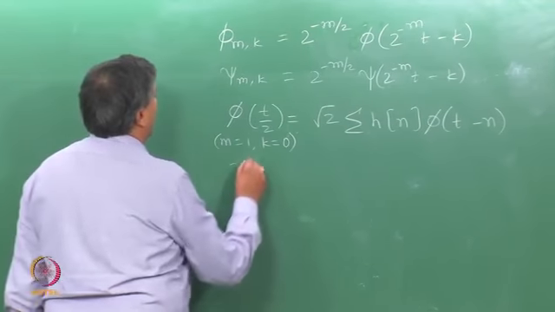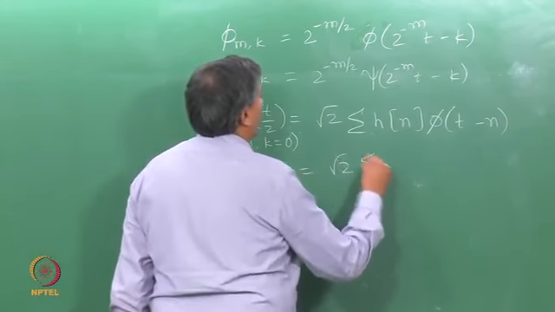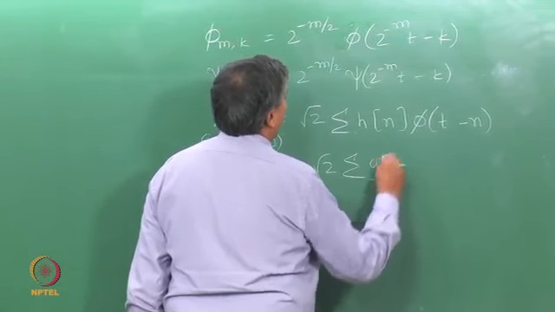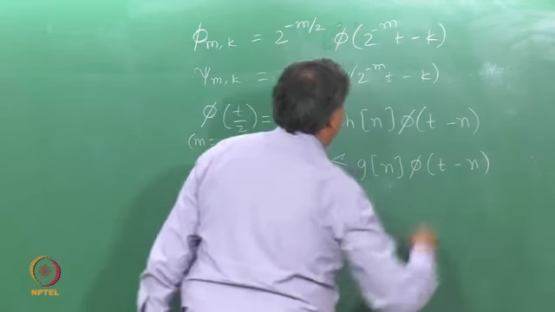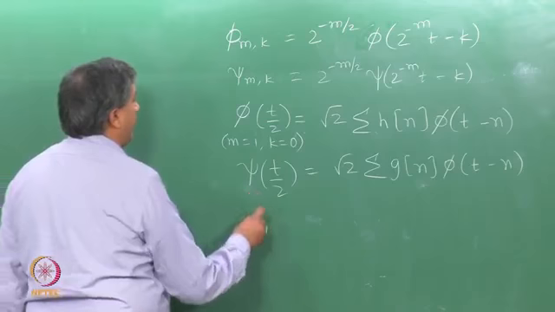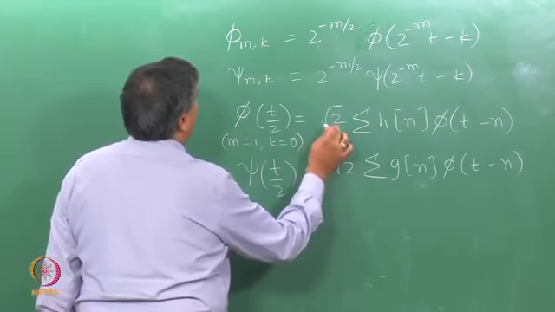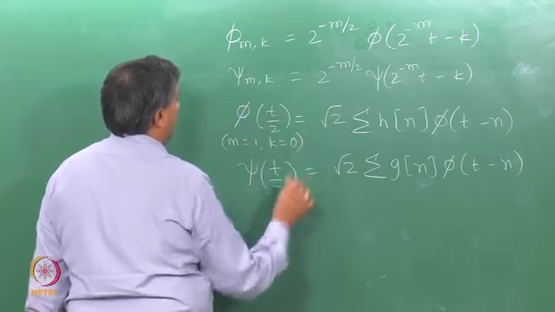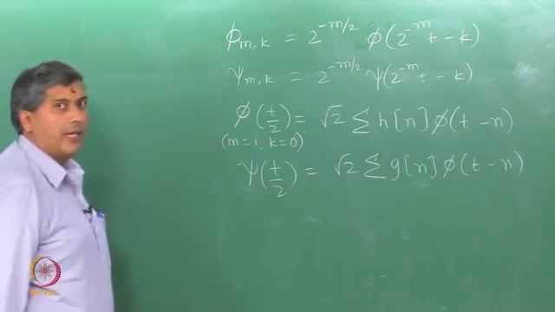the scaling relation for the wavelet that we have seen earlier as well. This is once again a special case here. Of course, if I bring the root 2 to the left here, then I have psi m comma k.